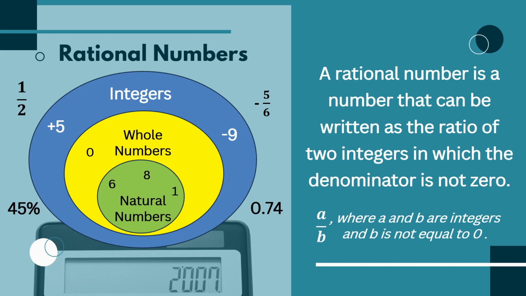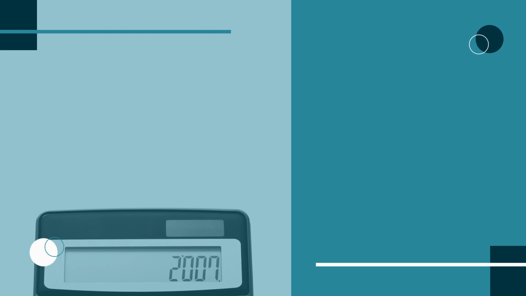What happens if b is equal to 0? It becomes undefined. So rational numbers include fractions, decimals, percents, together with the integers, whole numbers, and counting or natural numbers. Now we know what a rational number is.